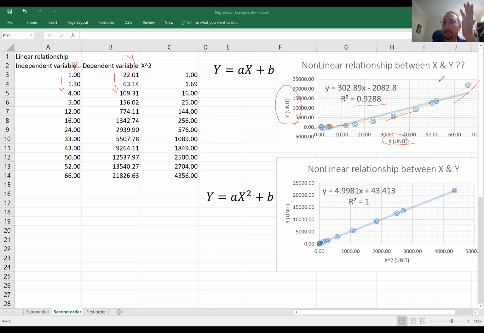This may suggest that I don't have a linear relationship between X and Y. What if I have a second order relationship between X and Y? Y is varying with X to the power of 2. How do I use linear regression to solve for A and B? Any suggestions?